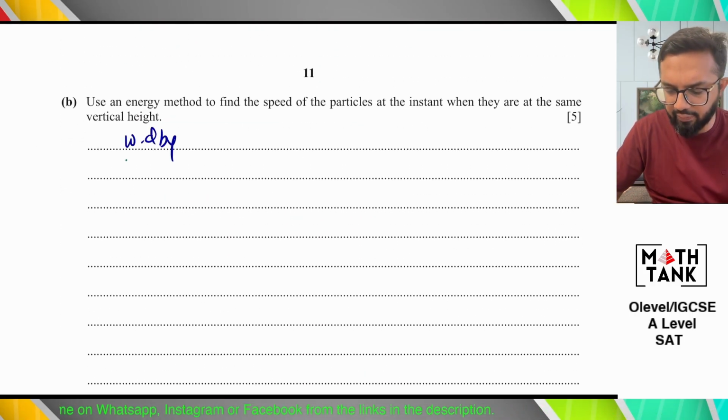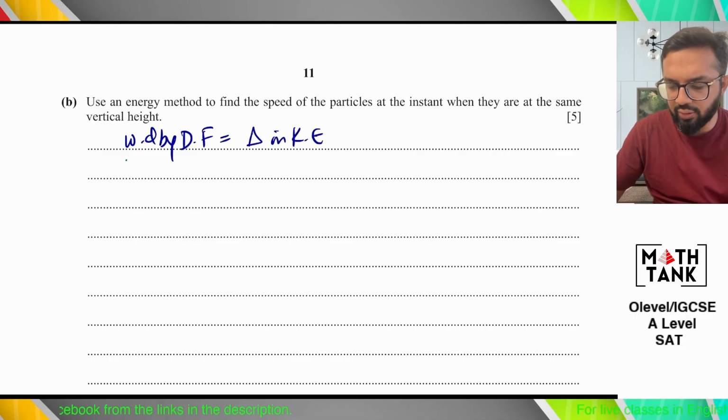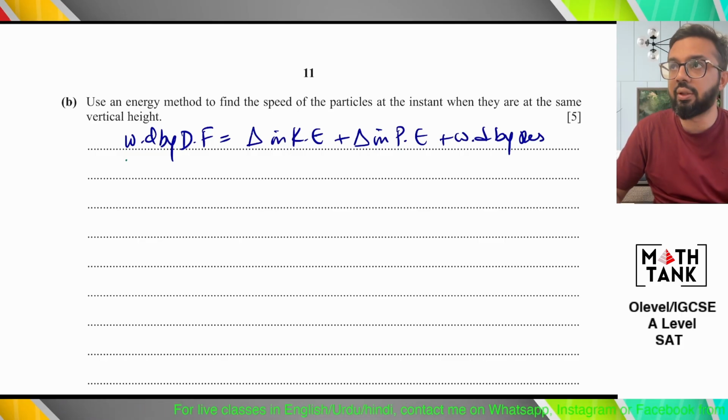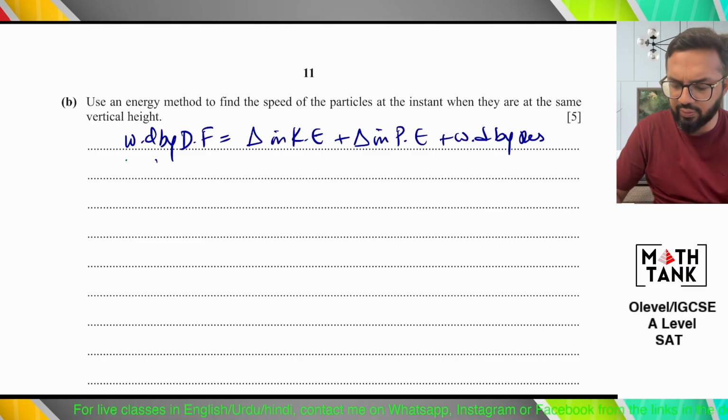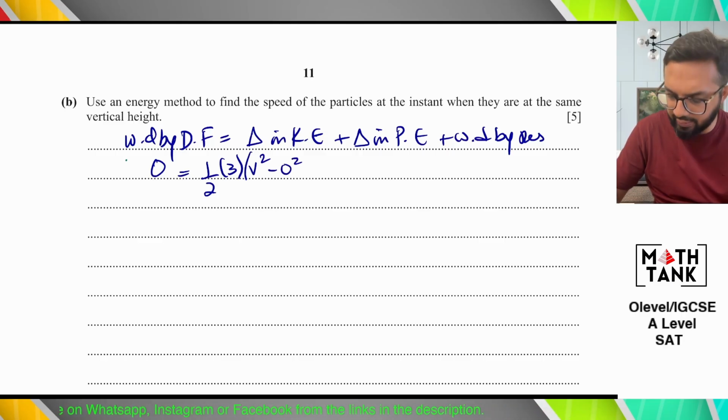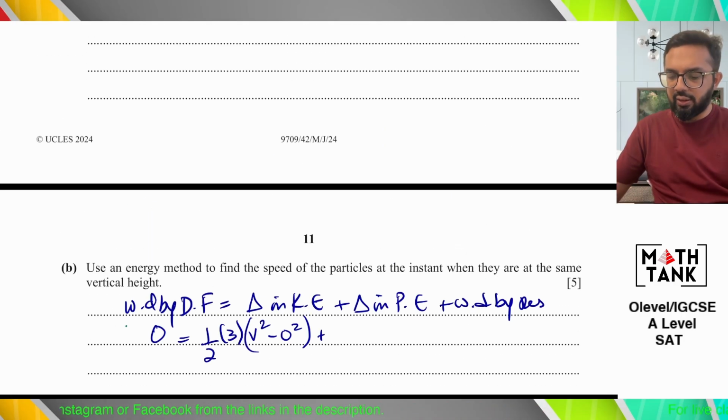Work done by driving force equals change in KE, change in PE, plus work done by resistance. So work done by driving force is this one. The half m is together, and we have v squared minus 0 squared. The PE is changing.